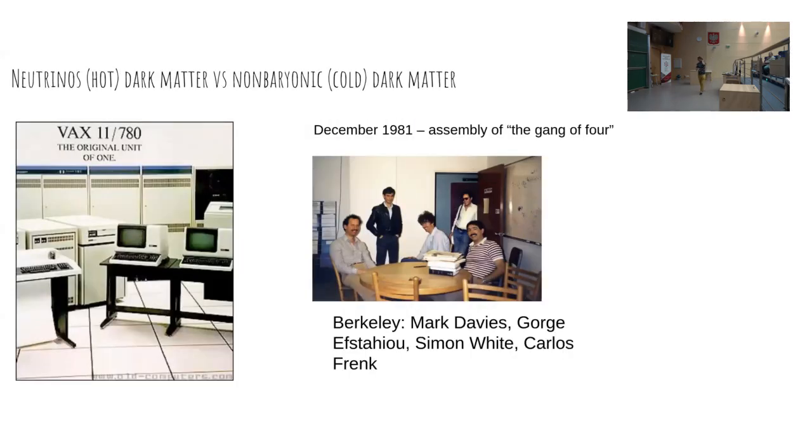And then the story changes a bit when we have something that was later called the Gang of Four. It's a famous group of computational cosmologists that assembled in Berkeley under the command of Marc Davis. So we have George Efstathiou, Simon White, and Carlos Frenk. And they were happy enough to get their hands on the newly purchased Berkeley, California computer.